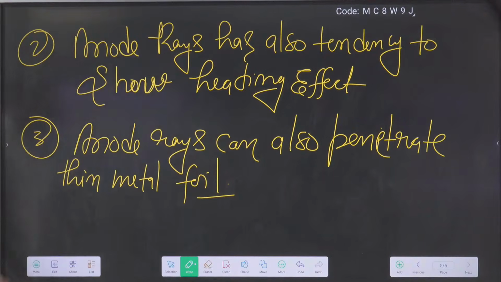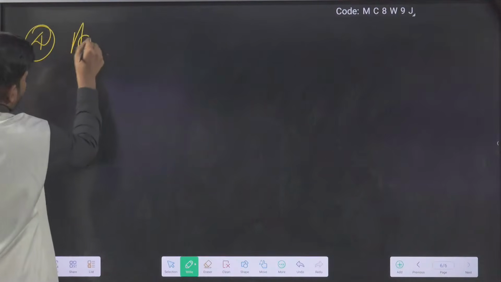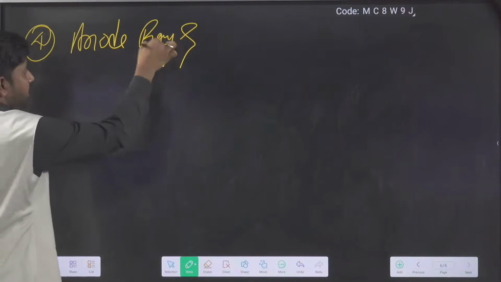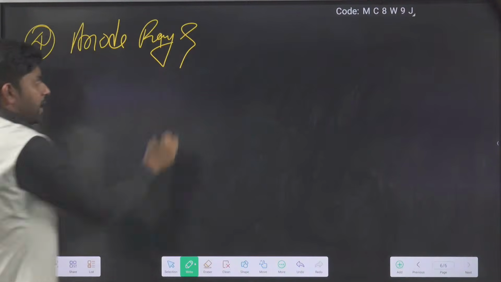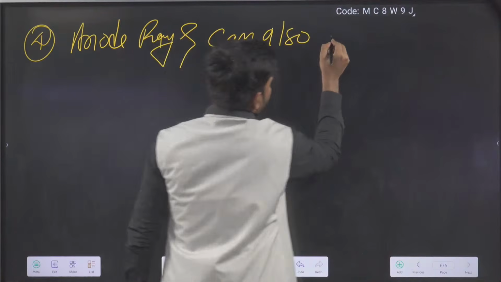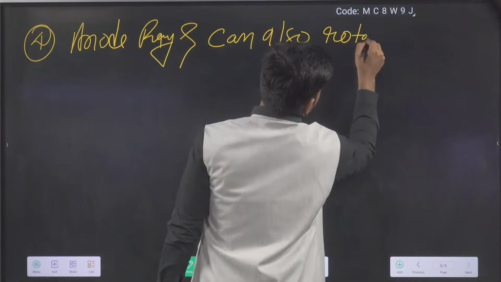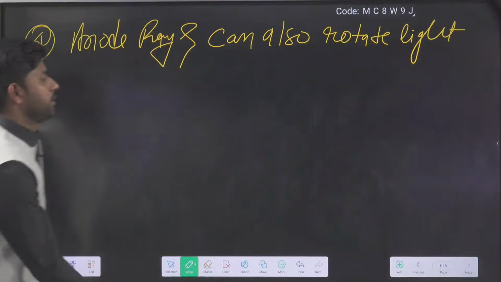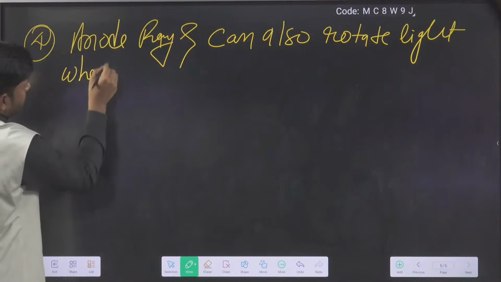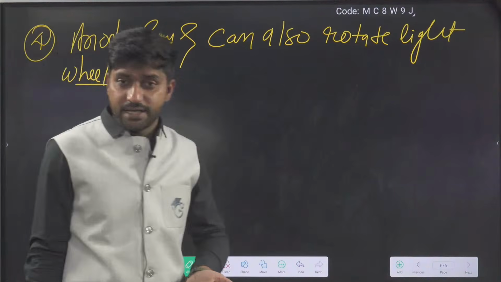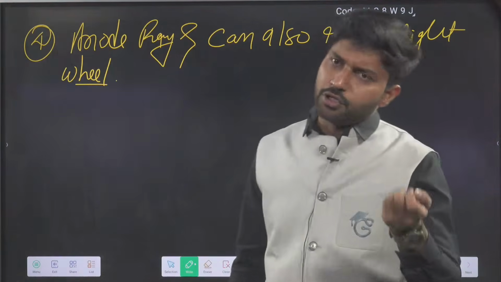Fourth, anode rays can also rotate a light wheel, which means they have kinetic energy, and having kinetic energy means they also have mass.